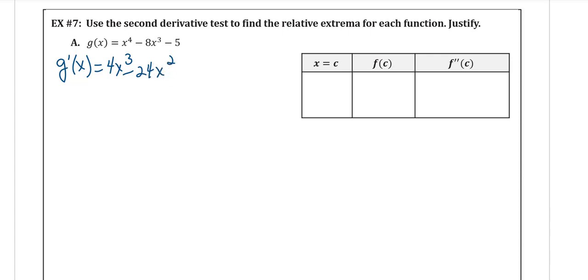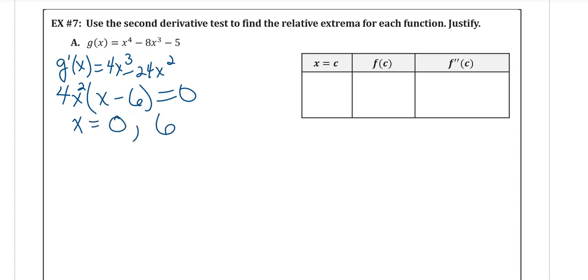Now what we need here is our critical numbers, so we're going to find our zeros. And so we have two critical numbers. We have 0 and we have 6. Okay, so let me just label those as our critical numbers, so we keep track of everything.